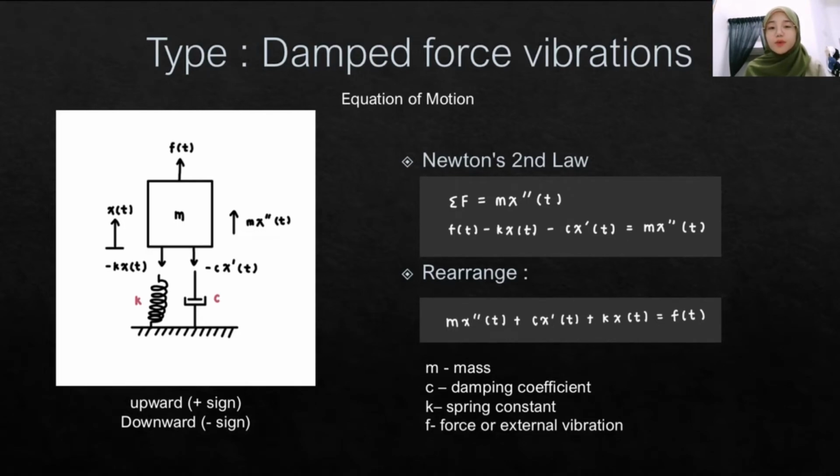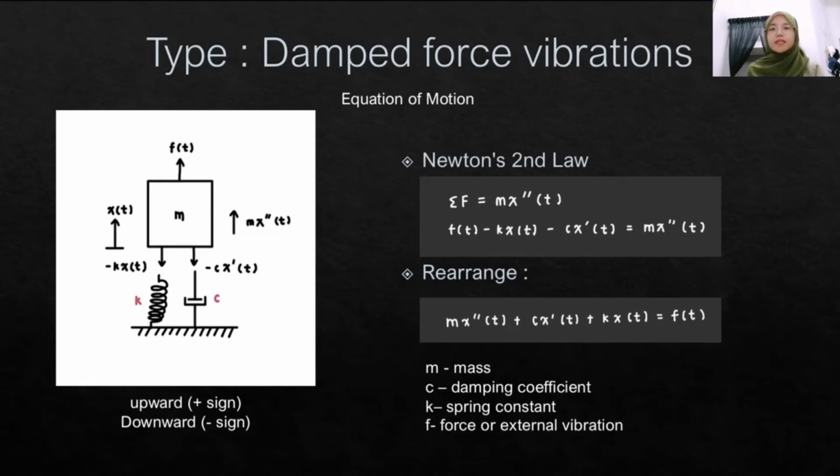So how do we get positive and negative signs? It is by following the sign convention of physics, where when we go upward or to the right, we get a positive sign, while in contrast, for going downward or to the left, we get a negative sign.